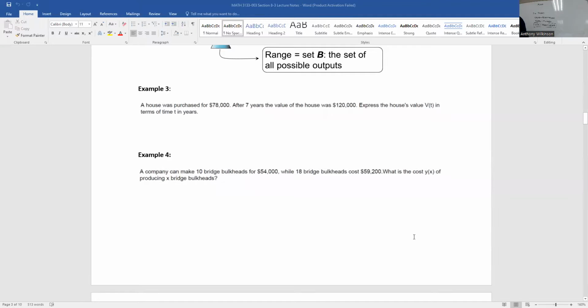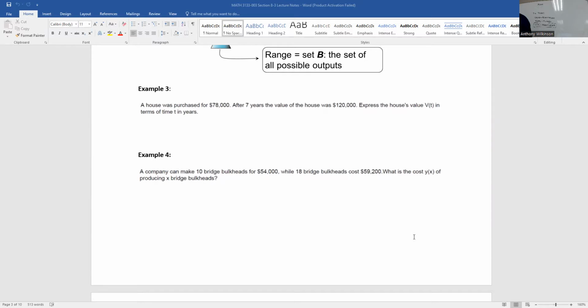All right, here's example 4. A company makes 10 bridge bulkheads for $54,000, while 18 bridge bulkheads cost $59,200.